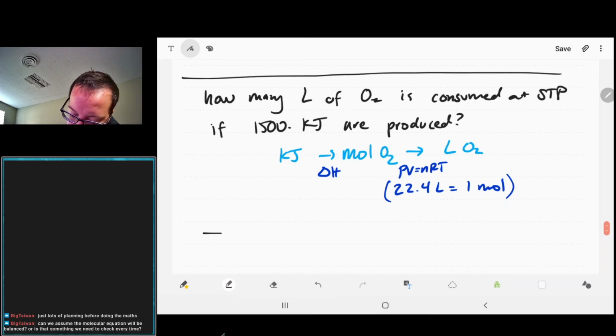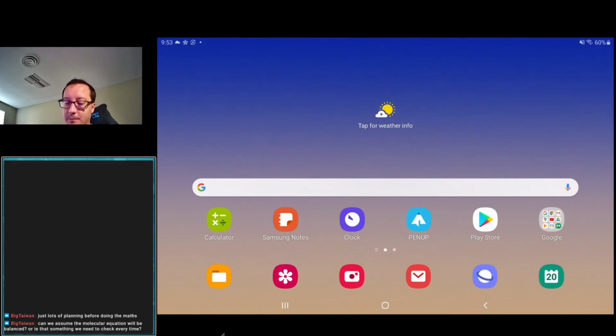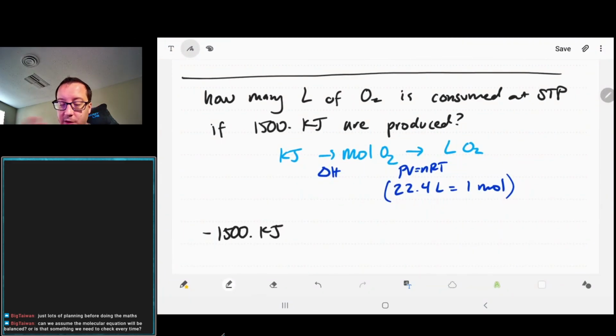So again, if you want to just forget about the negative signs, go right ahead. Don't even worry about them. Just make your answer positive and throw the word released or whatever. That's fine. Just copy the word from the question. So this one says we're producing it. So don't worry about the sign again.